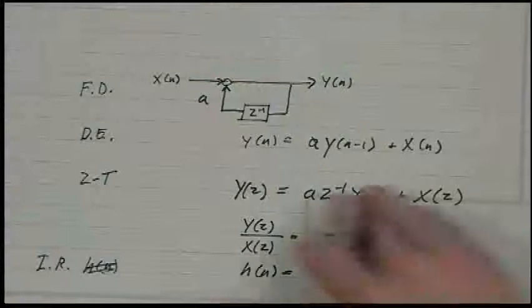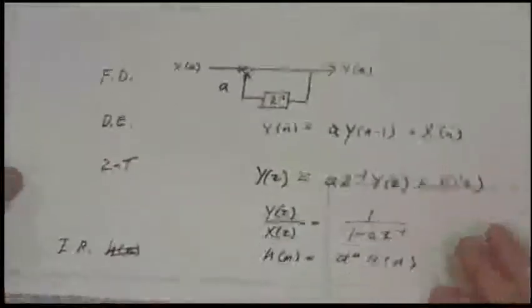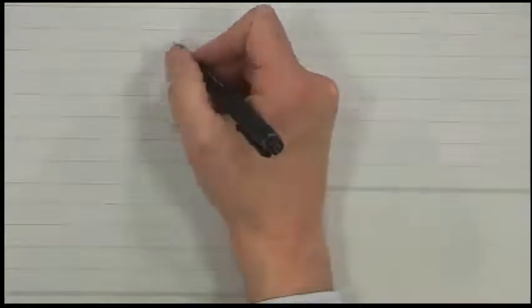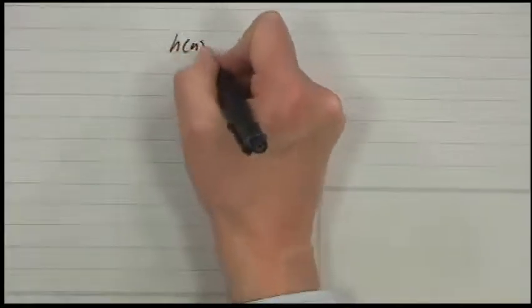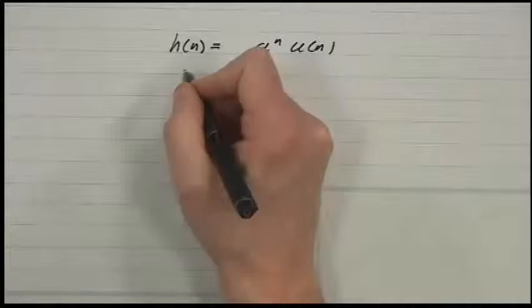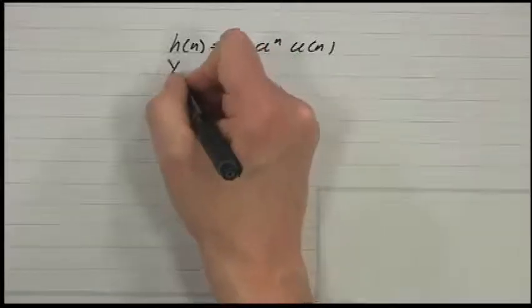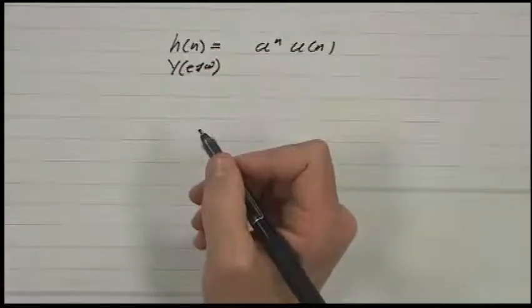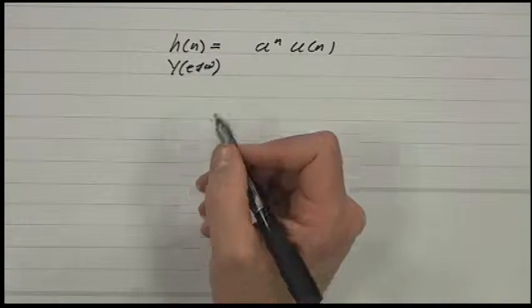Oh, I know what I wanted to point out. Sorry, there was a point I was going to make here, and I just remembered what it was. My point is this. If you get h of n equal to a to the n times u of n, then we want to evaluate the Z transform on the unit circle so we can actually look at its frequency response.